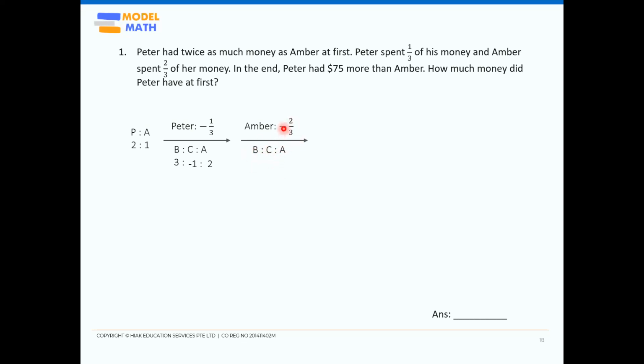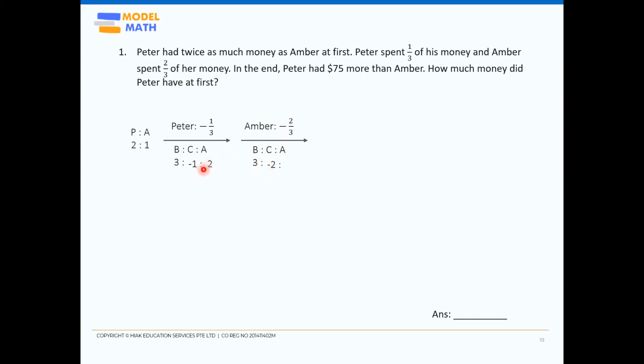If I say Amber spends 2/3 of her money, that means these 3 units belong to her money at first. At first means the before. So this is 3 units. And out of 3 units, she is going to spend away 2 units. So minus 2U, that's the change.